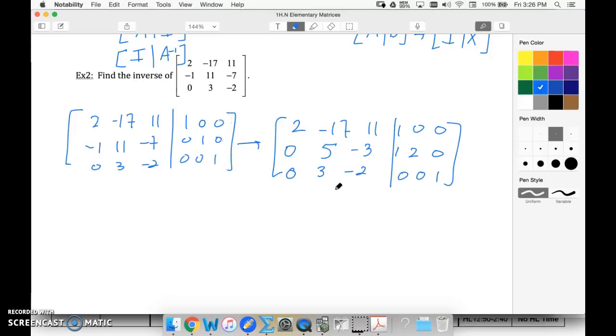All right, now I'm going to try to get rid of my 3 down here. So I'm going to do 3 times row 2. Let me write this out. 3 row 2, and then let's say minus 5 row 3. I'm going to leave row 1 alone still.